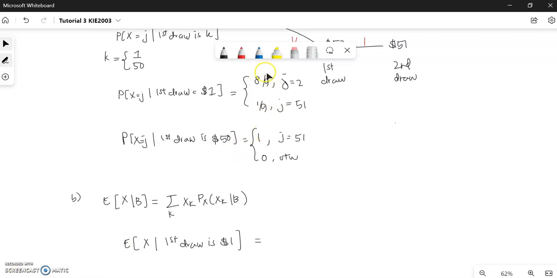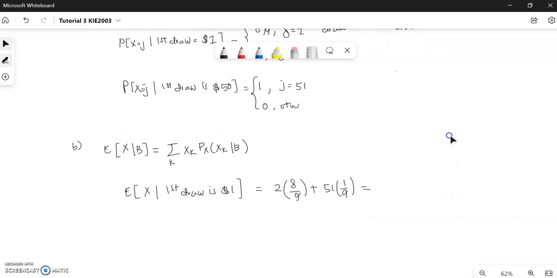So you have the value 2 times the conditional probability 8 over 9, plus the value 51 times 1 over 9. I'm leaving it at that.